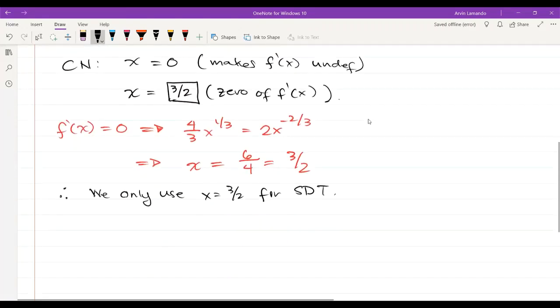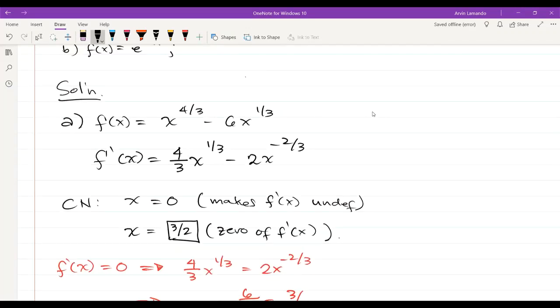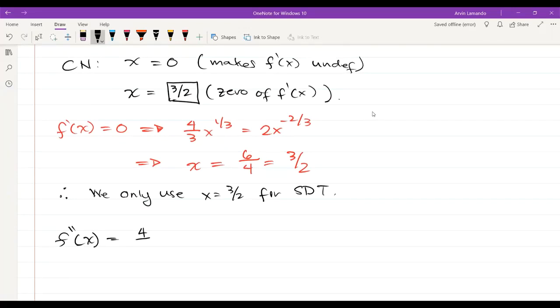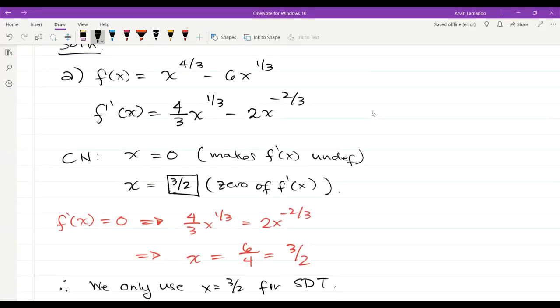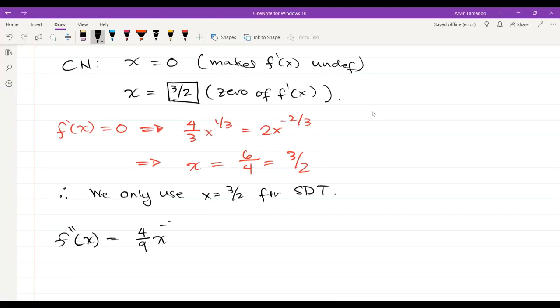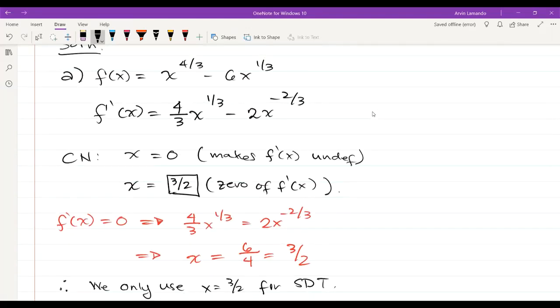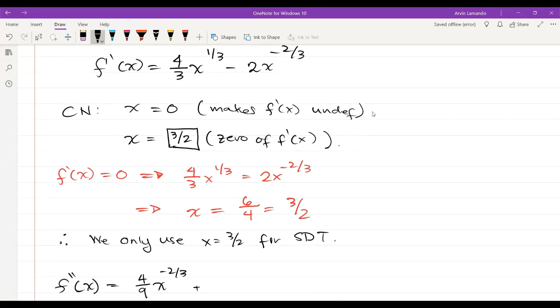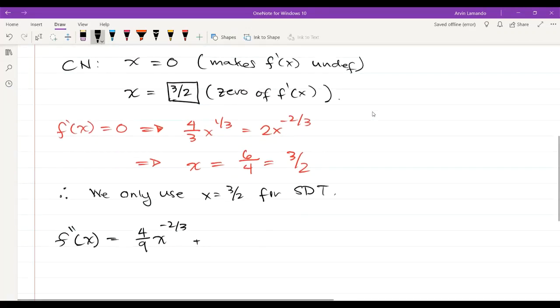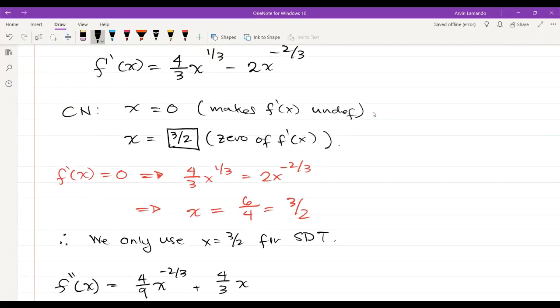To use the SDT, let us compute the second derivative of f. So the second derivative of f is given by 4/9 x raised to negative 2/3 plus 4/3 x raised to negative 5/3.